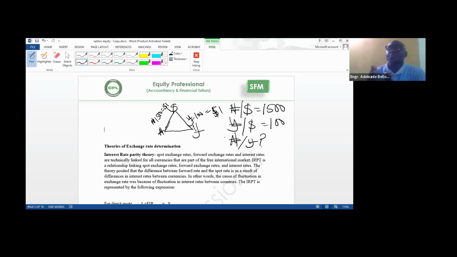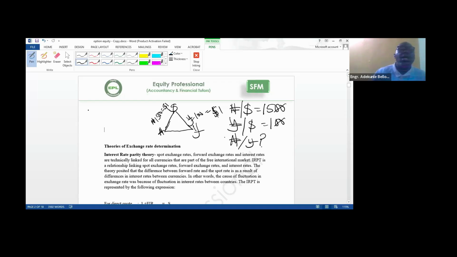Cross rates, implied exchange rate between two currencies based upon the explicit relationship with the third currency. In this case, if I want to get naira to yen, I'll just divide.